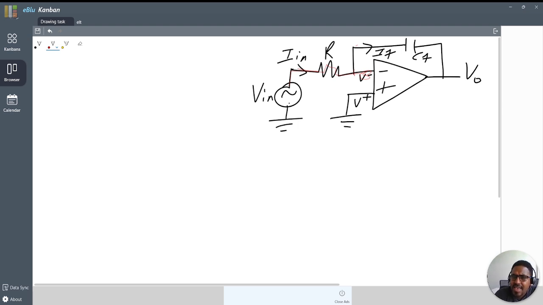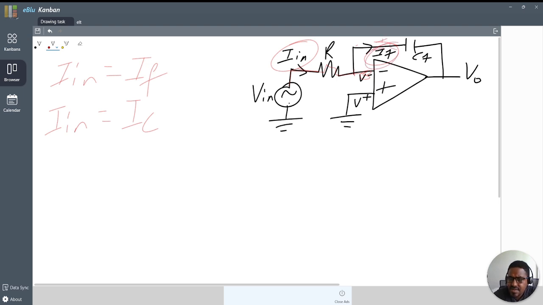By applying the KCL method, I in equals I F. So I in is the same as I F, which is the current of the capacitor. That means I in equals I C, because I F is replaced by I C.